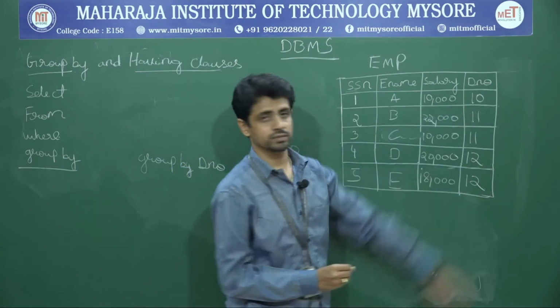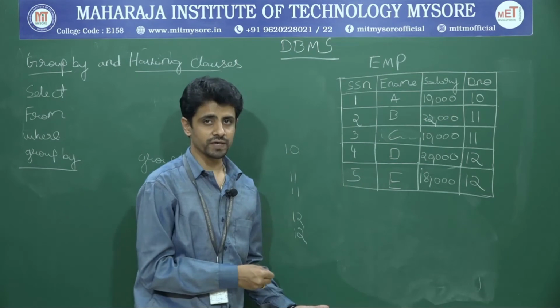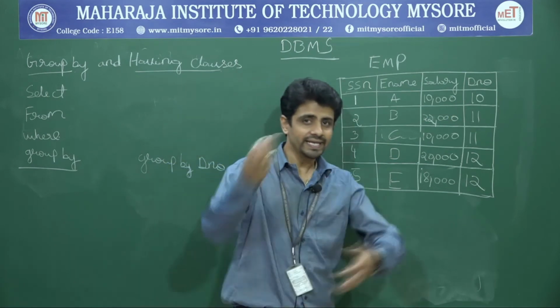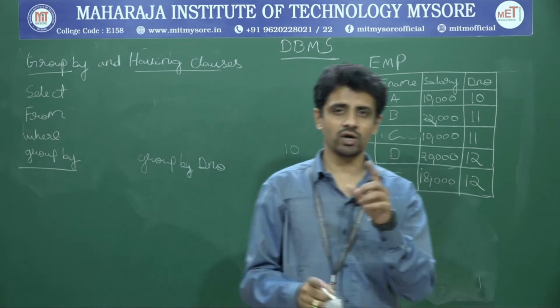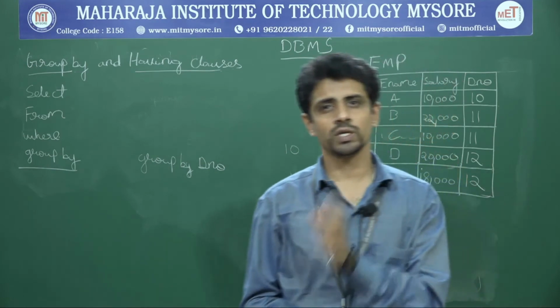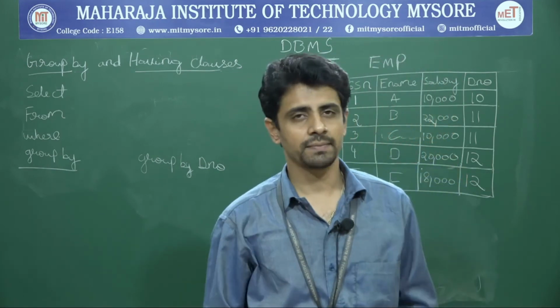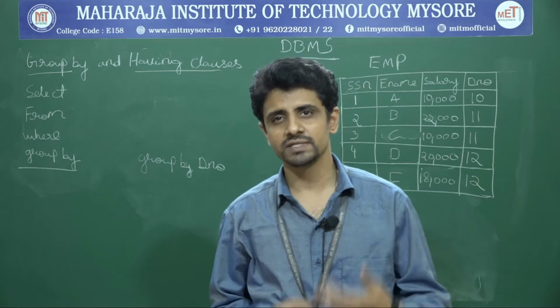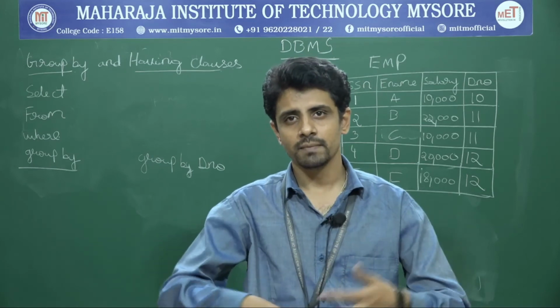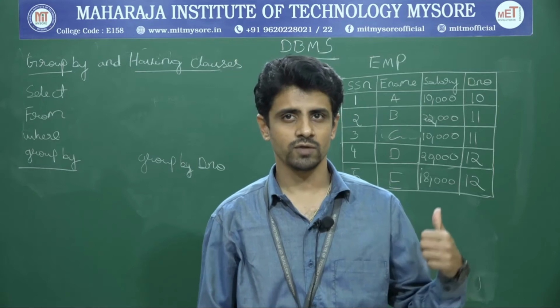So this way, group by works internally, and that is very important. We cannot display the values which are stored in a group by. Normally group bys are applied when you want to apply some condition internally. Then we can use this group by.